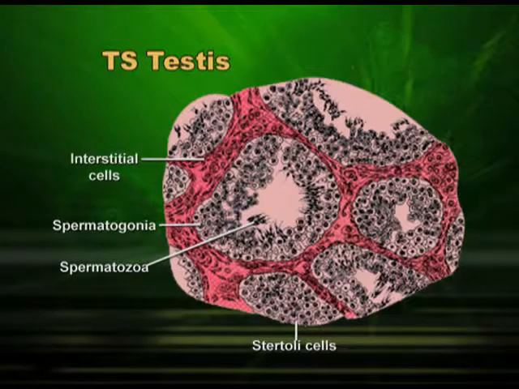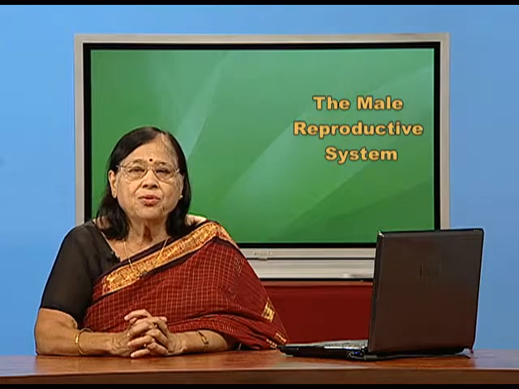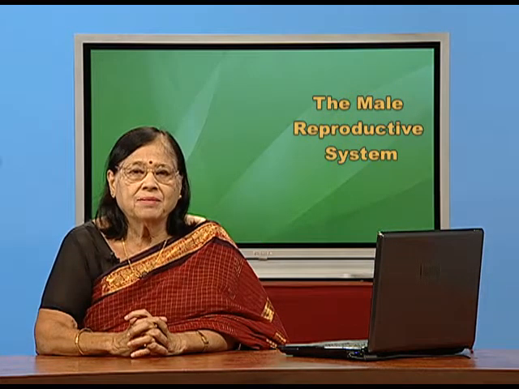So, the most immature will be towards the periphery and the most mature towards the lumen, hence sperm will be in the lumen. The Sertoli cells which you are seeing within the seminiferous tubule, in between the germ cells or spermatogonia, have nutritive and supportive function.